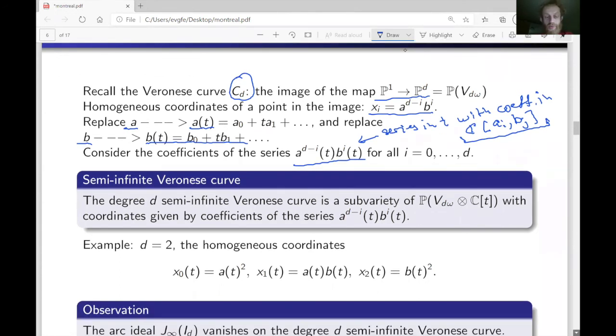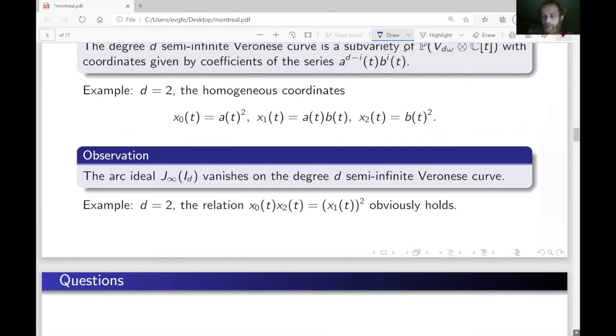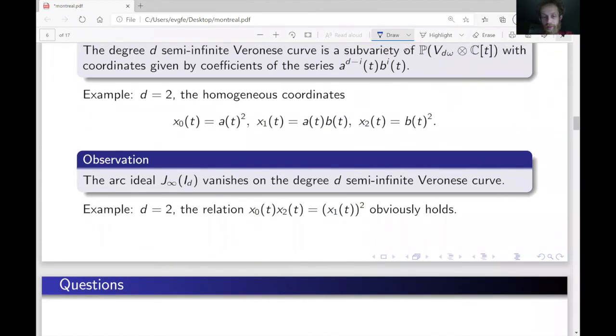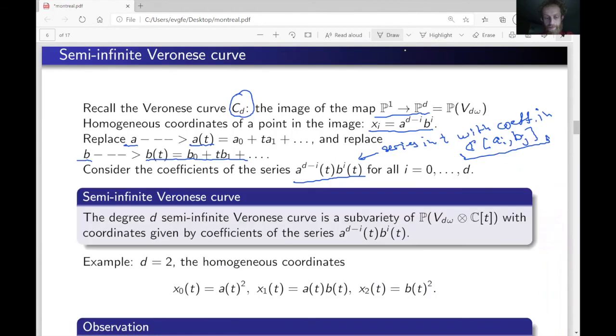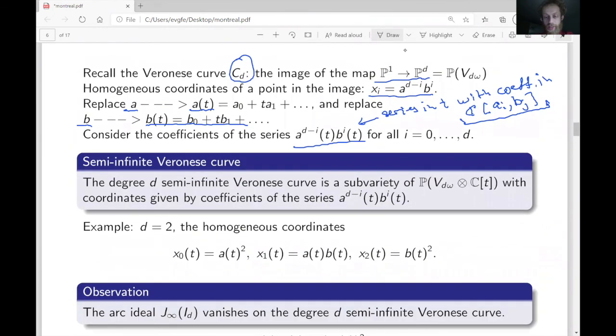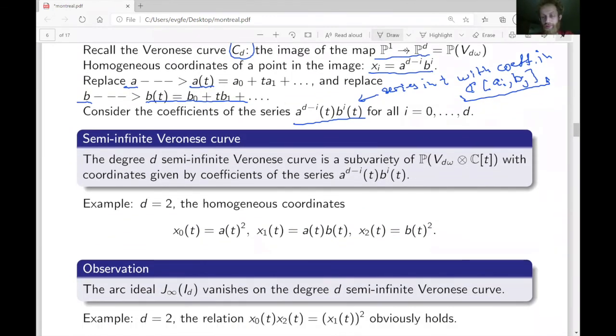So what is the semi-infinite Veronese curve? We consider a projective space given here. We take our d plus 1 dimensional SL2 representation, V d omega, and then we tensor it with the polynomial ring in one variable.